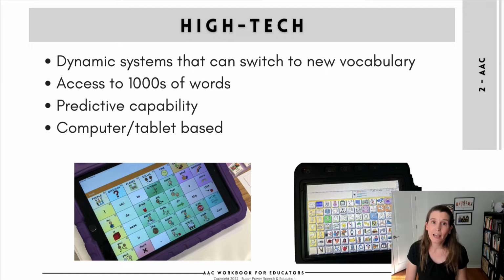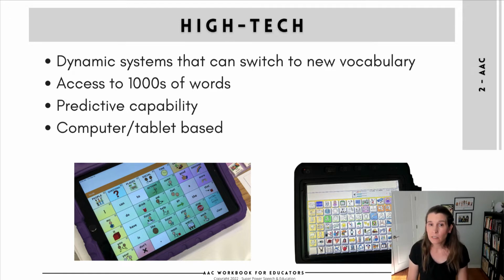Okay, HighTech. HighTech are typically dynamic systems that can switch to new vocabulary very easily. A good, robust HighTech system, which we will talk about later, can have thousands of words programmed into it. Now, sometimes we decide that the student, for access reasons, just can't get to all those words yet, but they can grow into those words later.